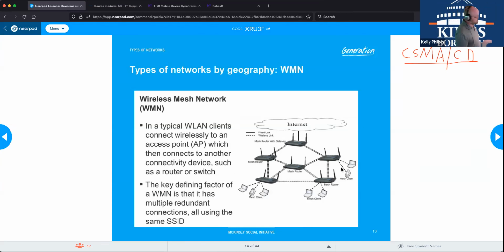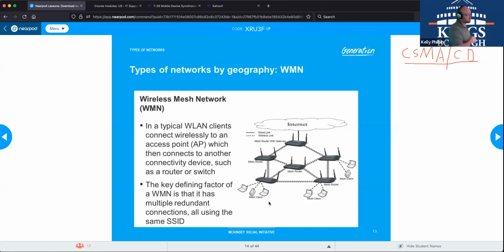They all operate as if they are a singular piece. So the SSID, or the name of the network, and the password remain the same for all the devices. It hands you off as you get closer to one or the other, or if traffic is heavier on one than the other. They juggle you around based on your position in the network. It allows a wireless network to extend beyond what would be possible for a WLAN with a singular device.